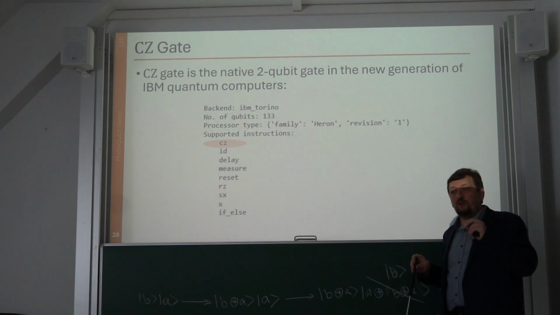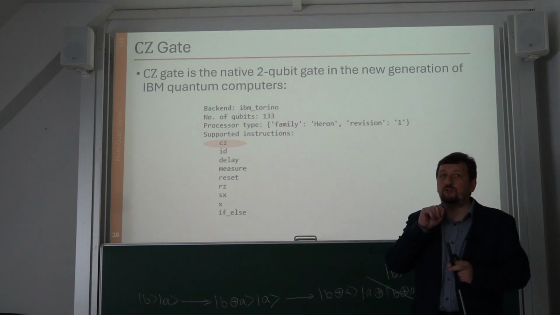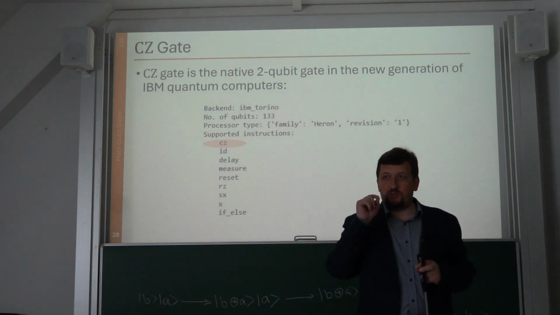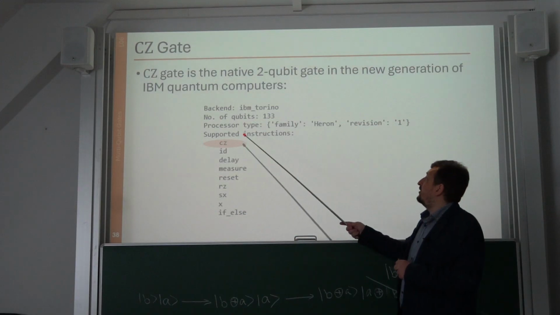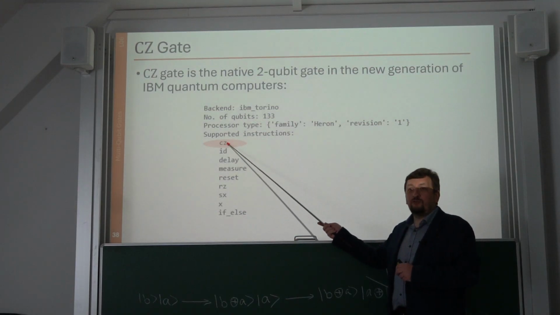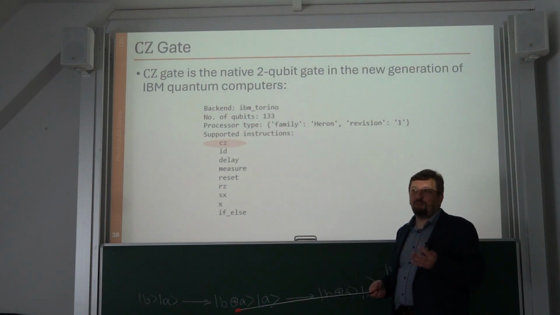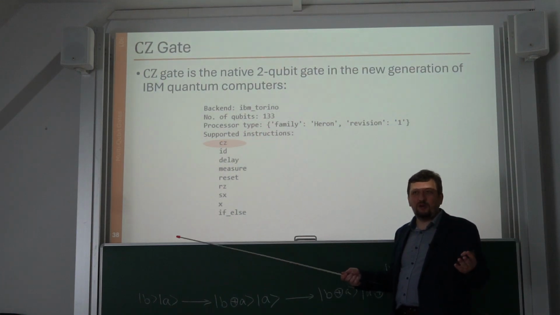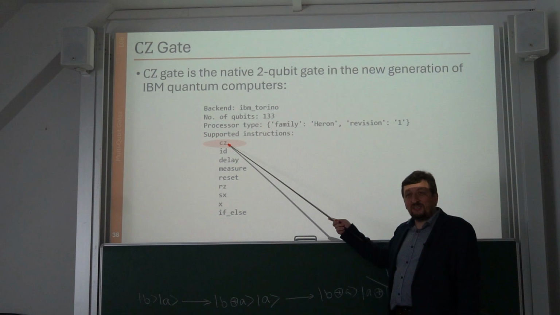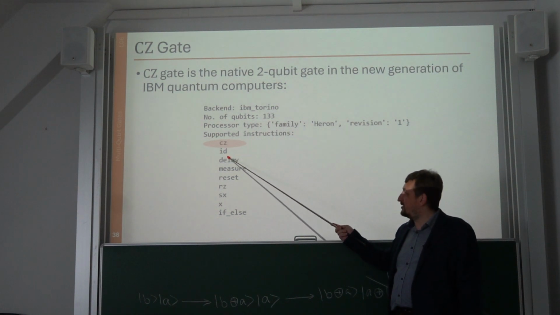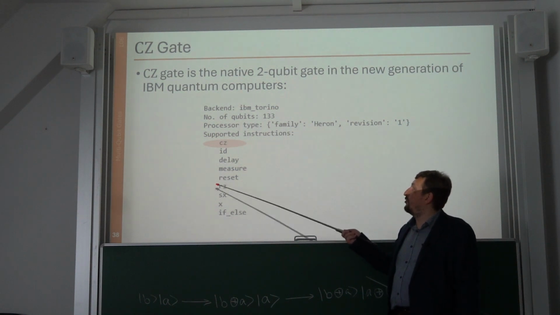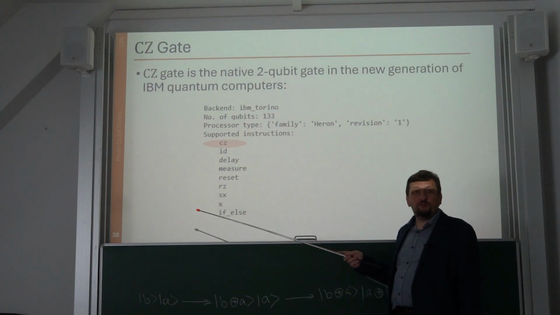Previous versions of IBM quantum computers used the control NOT gate. But with new versions, control Z is implemented. Well, control Z is symmetric, and I suppose it leads to smaller errors and so on. And this is the only 2-qubit gate that IBM quantum computers have.